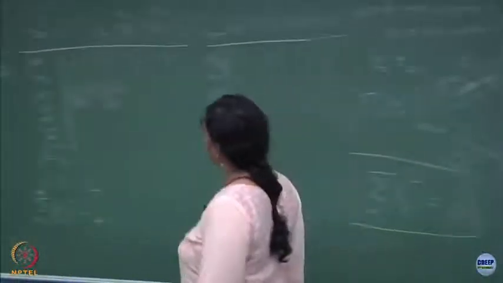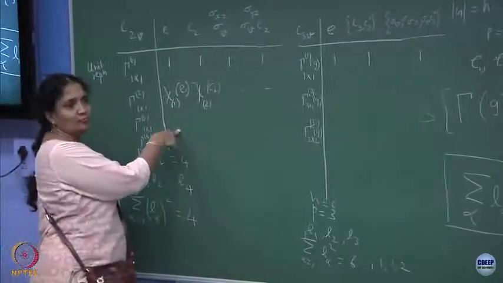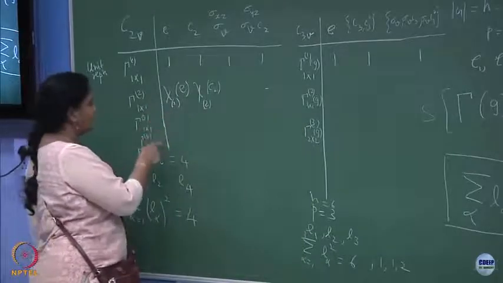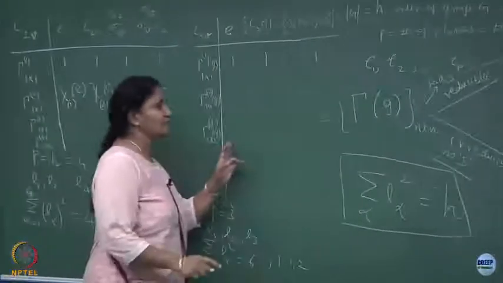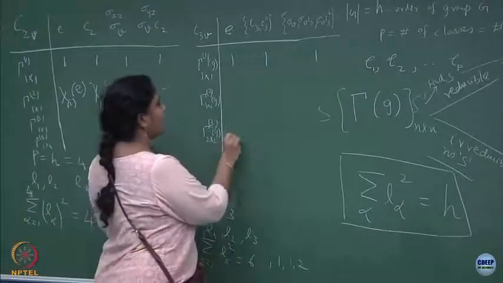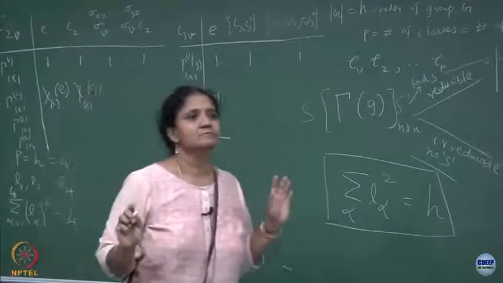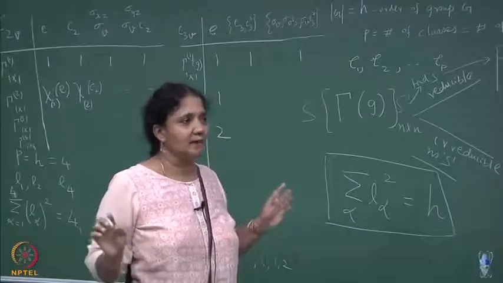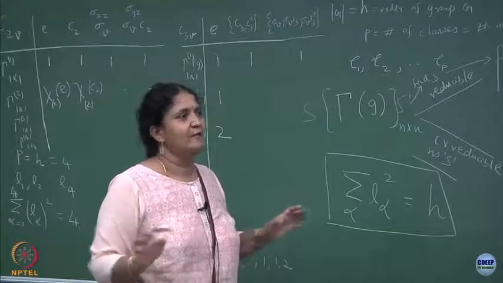Only thing you have to remember is that for the identity element there is nothing you can do. Whatever the character is, if it is a 1 cross 1 matrix, it is 1. If it is a 2 cross 2 matrix, it is 2. So, the character for the identity element you can write blindly. It is just the dimension of that matrix, right. The trace will give you the dimension.